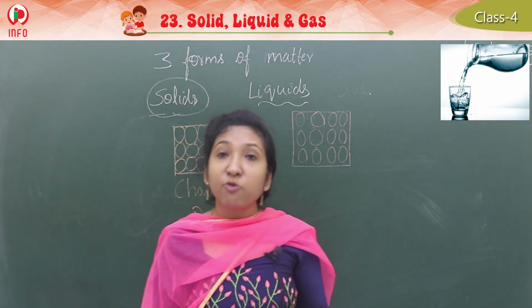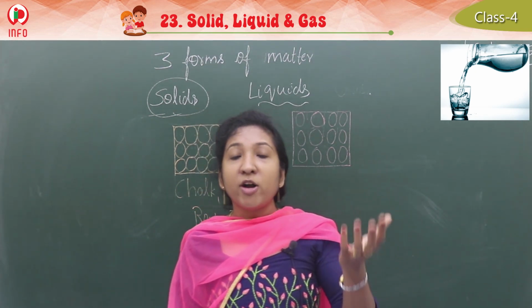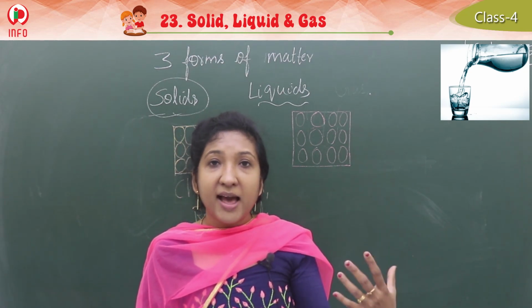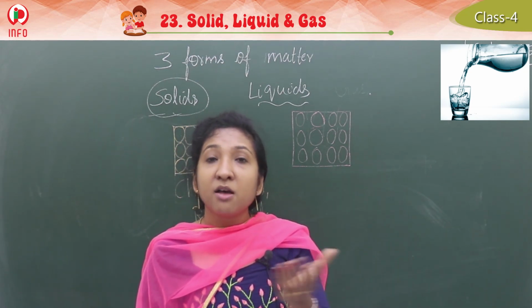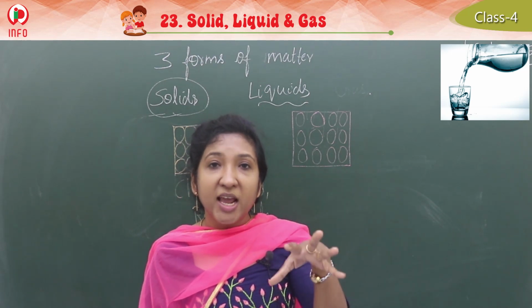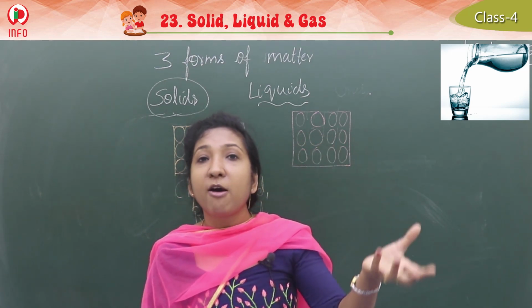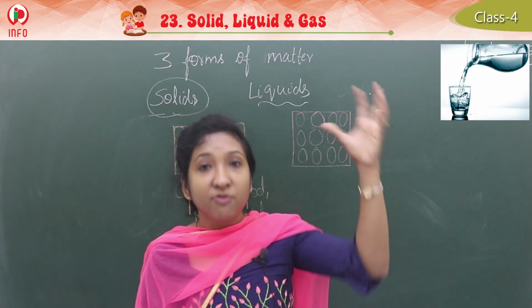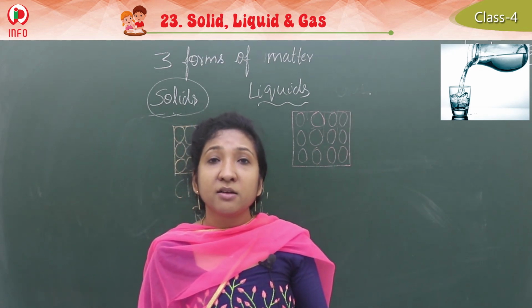The volume of water remains the same. Whatever water is there in the jug is there in the glass itself. The volume remains same, but it will take the shape of the container where we pour the liquid.